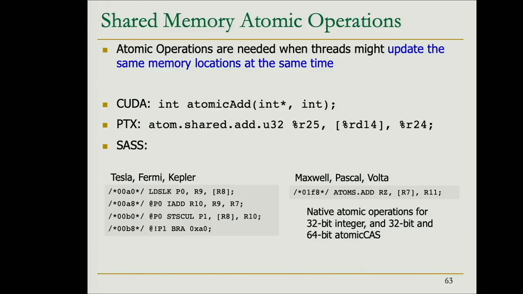Imagine, for example, you are counting elements that are equal to 16 in a whole array. The easiest, fastest way of writing your code is saying, okay, let's use atomic operations. So I read from memory, is this equal to 16 or not? If it's equal to 16, then I update, right? I add 1 to this shared memory location.